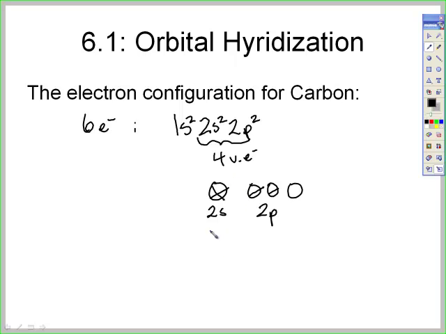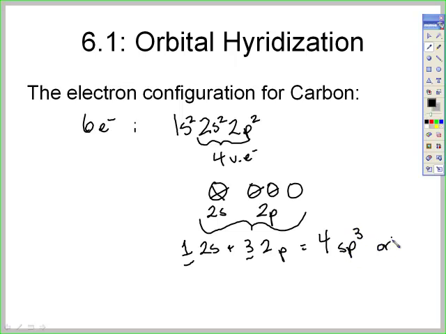So it takes the 2s, 1 2s, plus 3 2p orbitals, and it makes 4 what are called sp3 orbitals. So these are hybridized. So these 4 altogether mold into these sp3 orbitals.